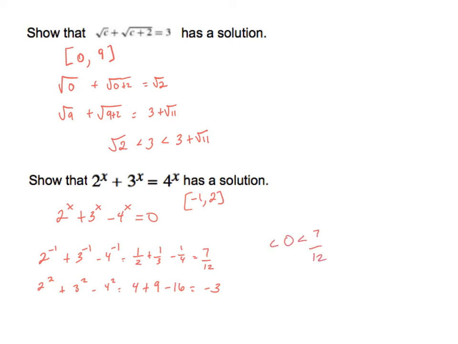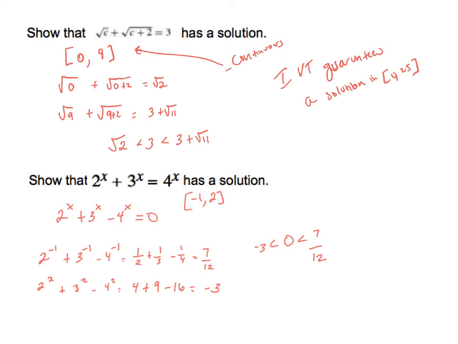7/12 and -3. So in both of these cases, I'm sorry, I forgot to summarize the last one, IVT guarantees a solution in 0 to 25 because of the fact that it's continuous on that interval, right?